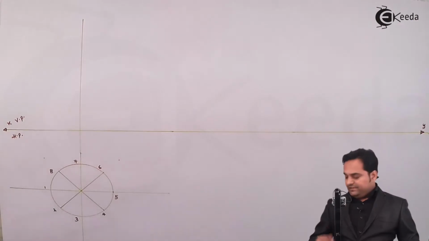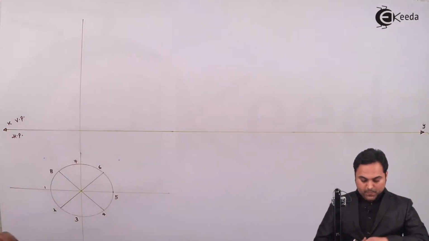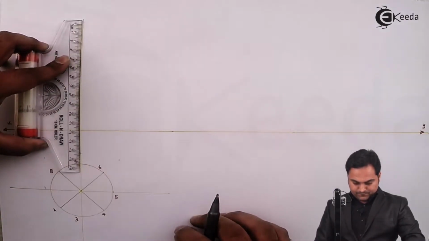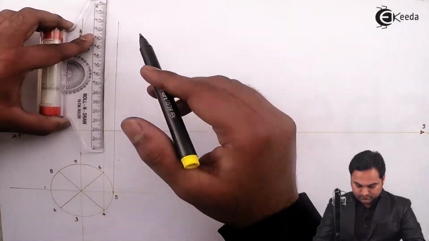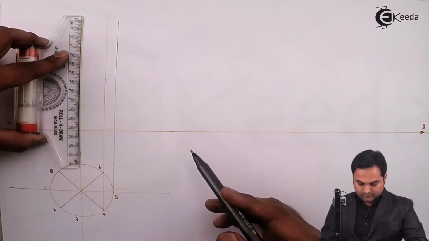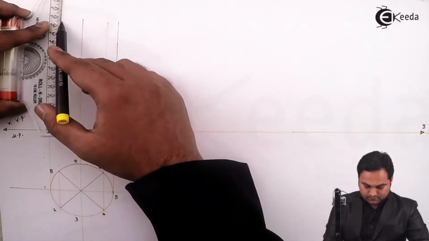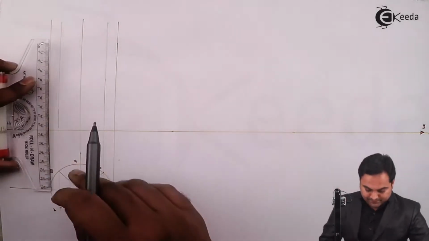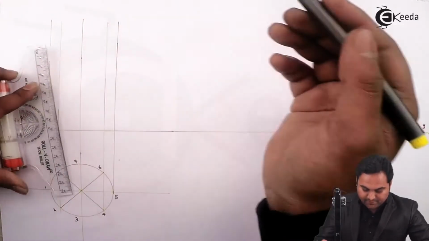The height of the cylinder is given as 80 mm. So I'll plot it in the front view. So I'm measuring 80 mm height.